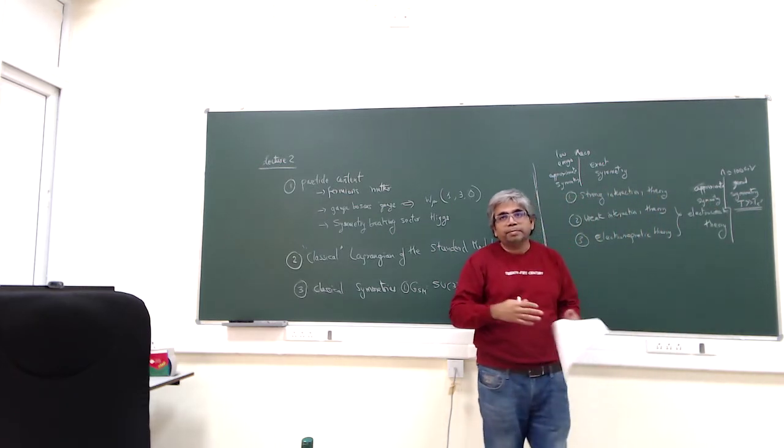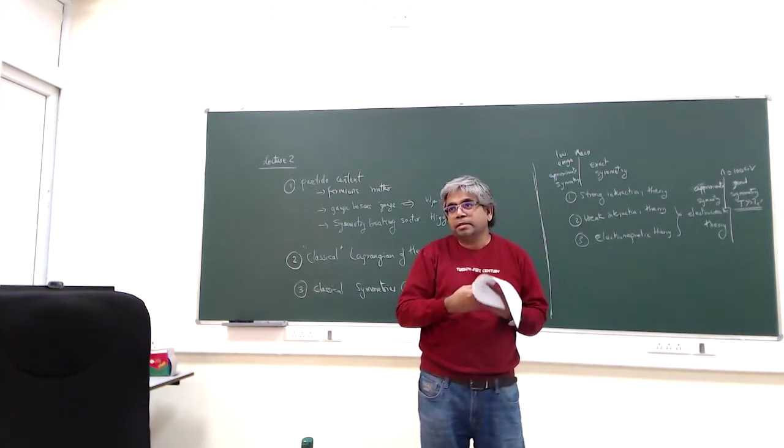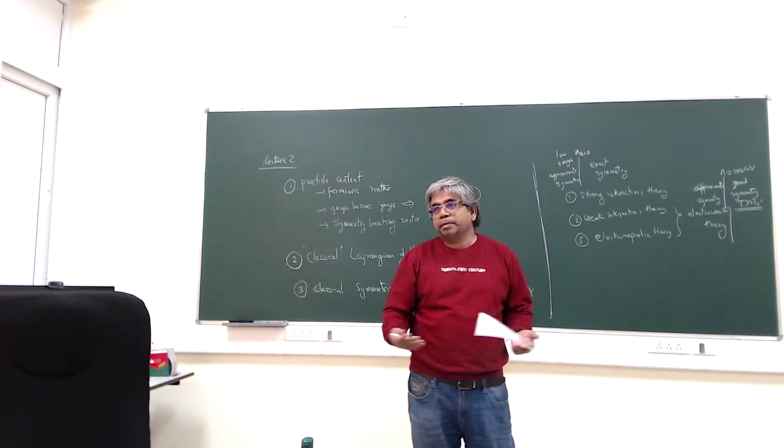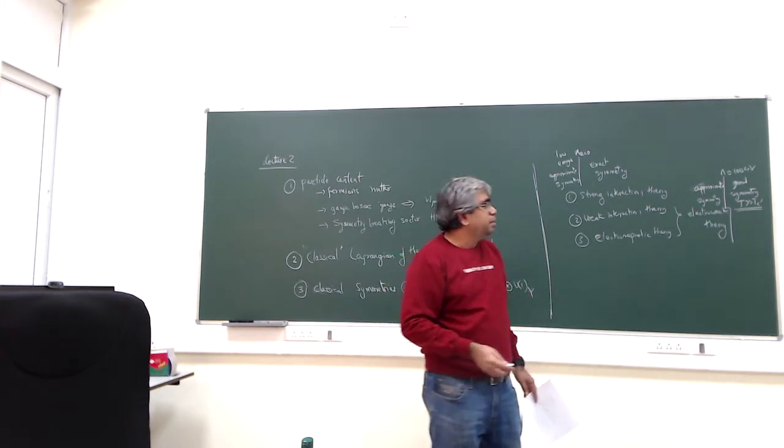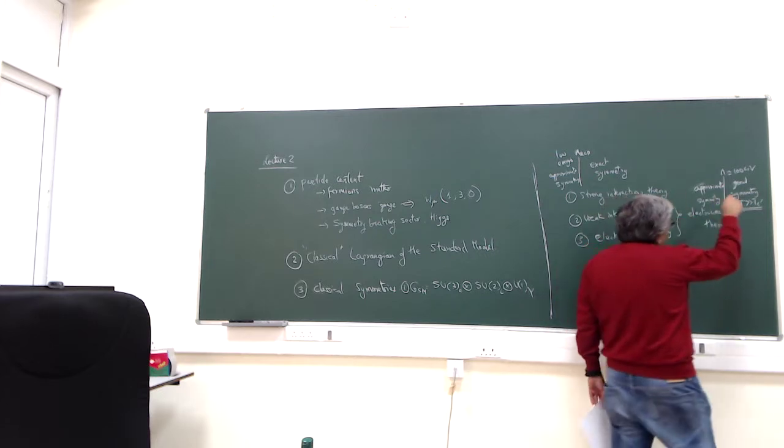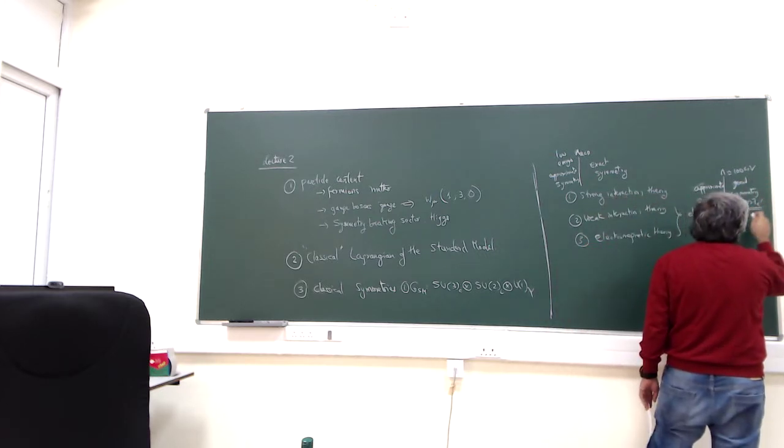Even the weak interaction symmetry is completely restored, in the sense that you have full isospin symmetry at high temperatures, around 100 GeV or more. I'll come back to it, maybe today is a better time. Okay.